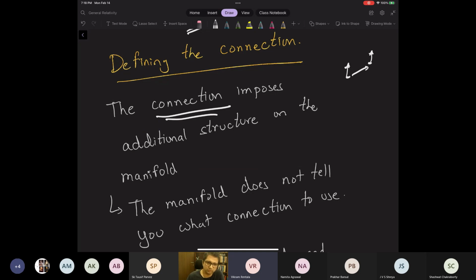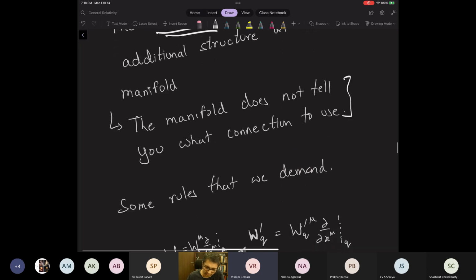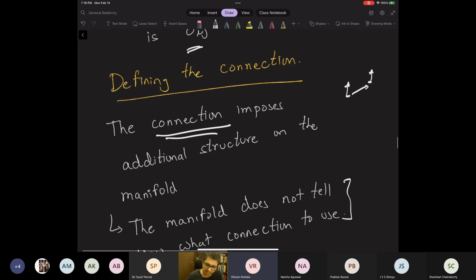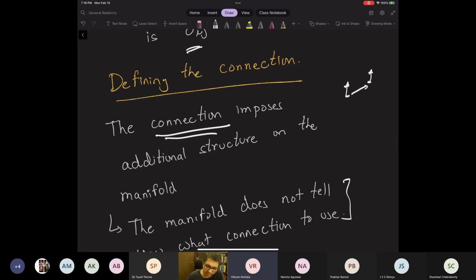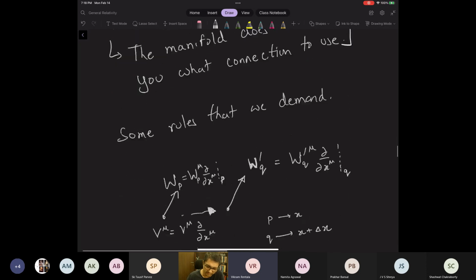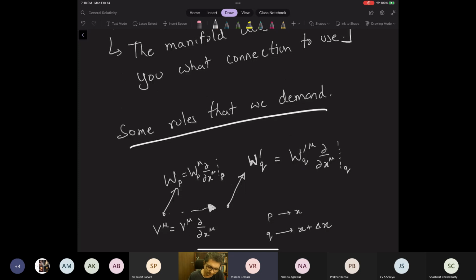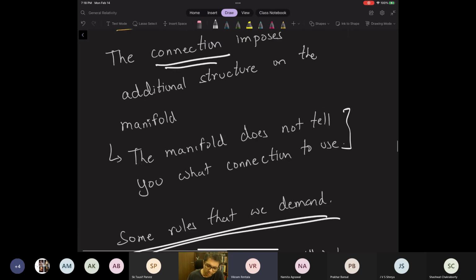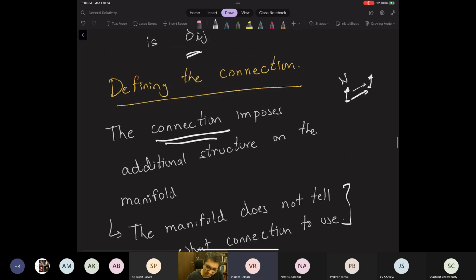The manifold does not tell you what connection to use, but here are some properties of the rules that we'll demand. For this rule about transporting this vector from here to here, let's demand some rules. We want to transport a vector W along a direction V, and this will result in a vector W prime.